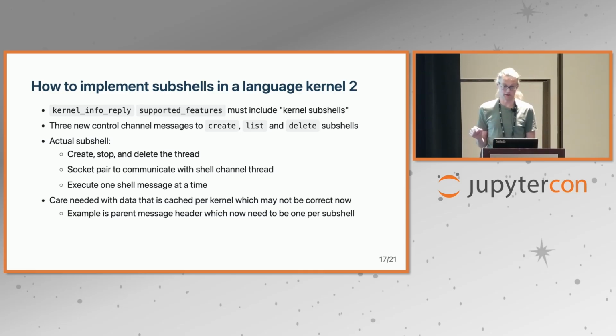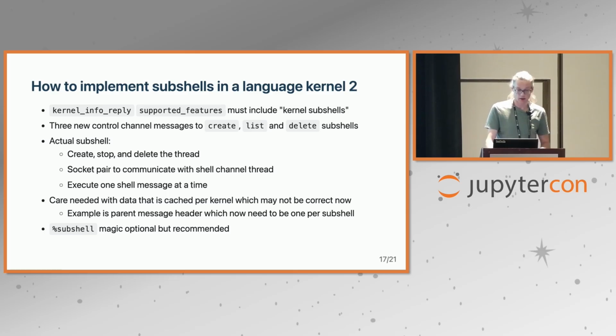An example in ipykernel: on receipt of an execute request message, we would cache the header of that message and use that when we send the reply. Now each subshell could be processing its own execute request, so you can no longer cache one parent header message per kernel, it has to be per subshell. So there are assumptions that were made which are no longer valid. The %subshell magic command is optional but recommended, very good for debugging. And you're going to need some thread lock mutex stuff at some point.